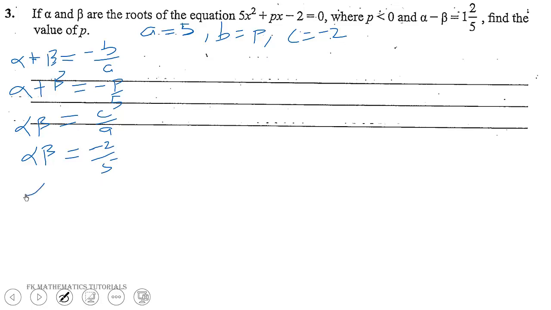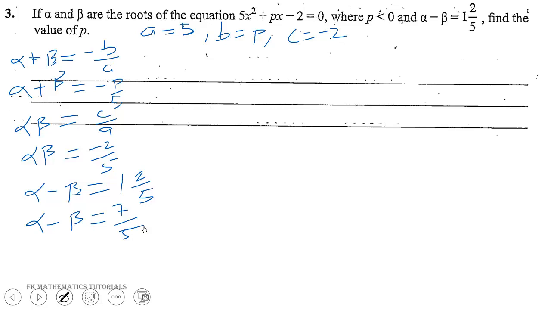Remember the formula for alpha minus beta. From the question, we were told alpha minus beta is equal to 1 whole number 2 over 5. So when we change this, we get 1 times 5 is 5 plus 2 is 7. So 7 over 5.